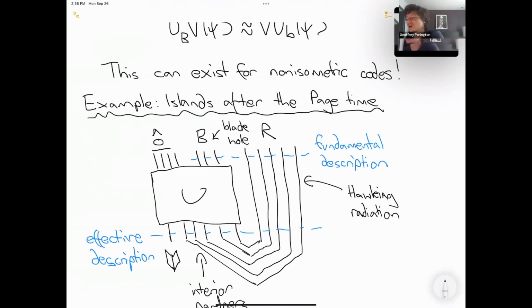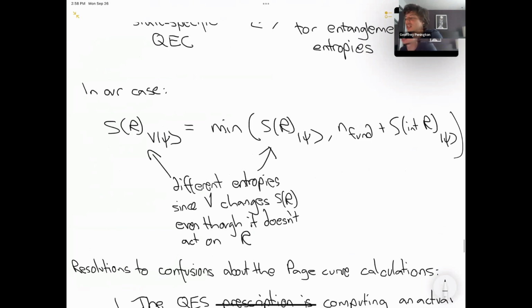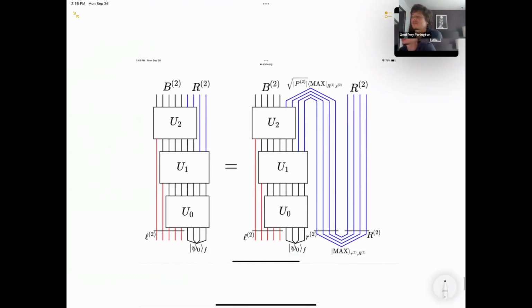The more physical one is this dynamic model down here, and there what we're effectively doing is projecting onto maximally entangled states. It's projections onto maximally entangled states that basically project the interior partners in the Hawking mode and the information that's meant to be coming out in that Hawking mode into a maximally entangled state.